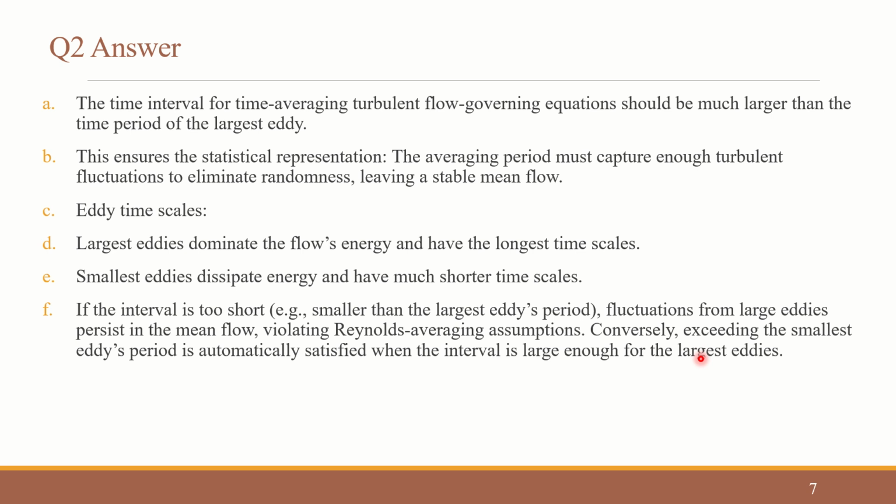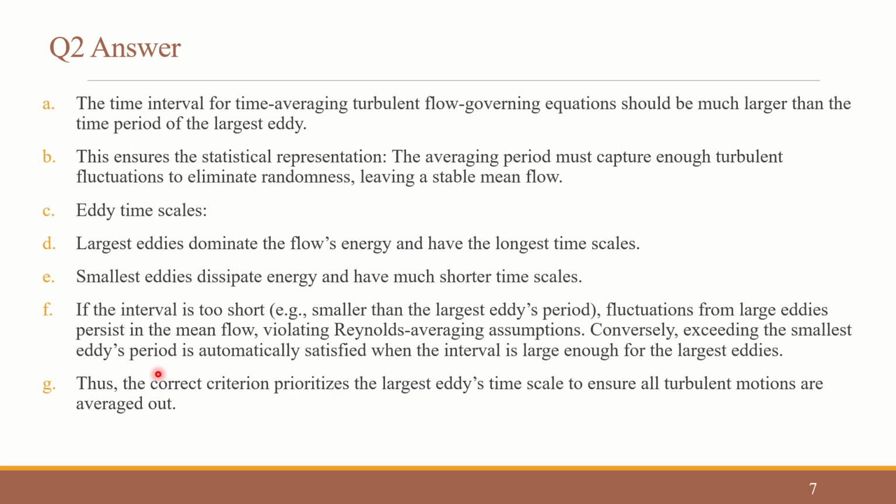But if, on the other hand, we use a time period larger than the largest eddies, we ensure that the smallest eddies' period is also automatically satisfied, because largest eddies have the longest time scales and smallest eddies have shorter time scales. So if we go with longer time scales, we will automatically cover the events happening with the smallest eddies also. So that is question 2.